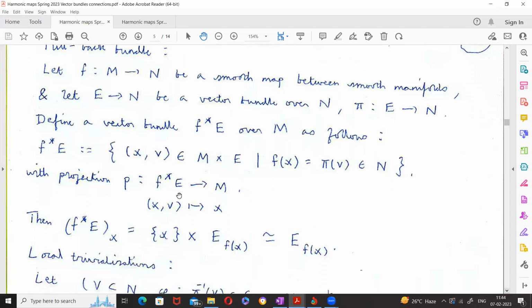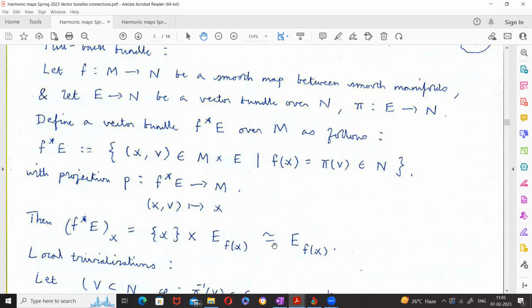For this projection, what will the fiber of a point x be? If I fix x, then I'm looking at the set of v such that pi(v) is equal to F(x). In other words, I'm looking at the fiber of E over the point F(x) in N. So the fiber of F star E over x is the singleton x cross E sub F(x).